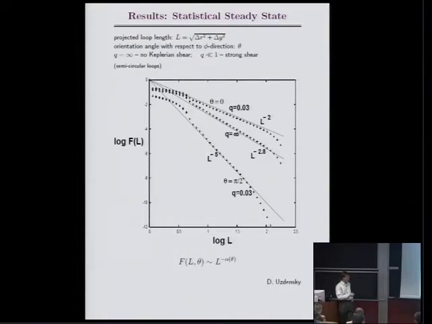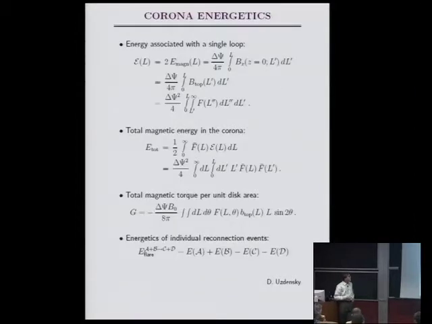And once we know how to calculate the distribution function, we can go ahead, and there is a nice way, in my view, to calculate global energetic quantities and torques.